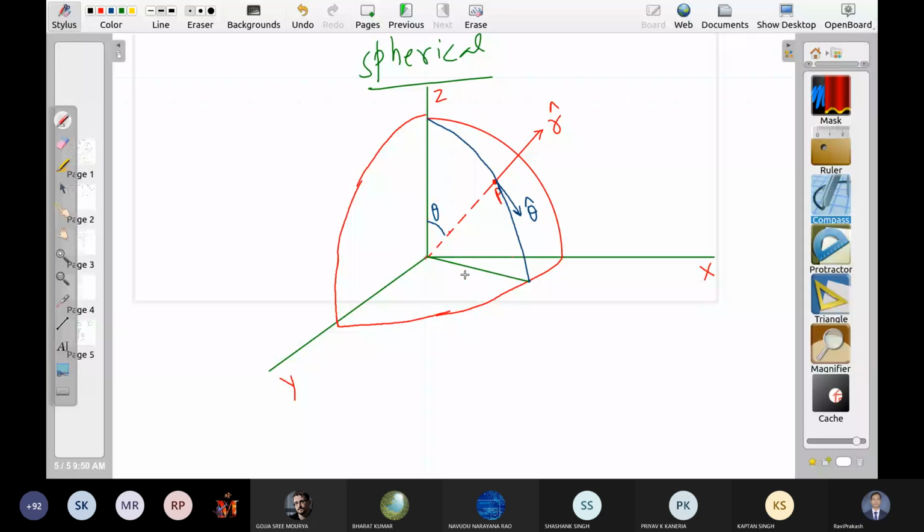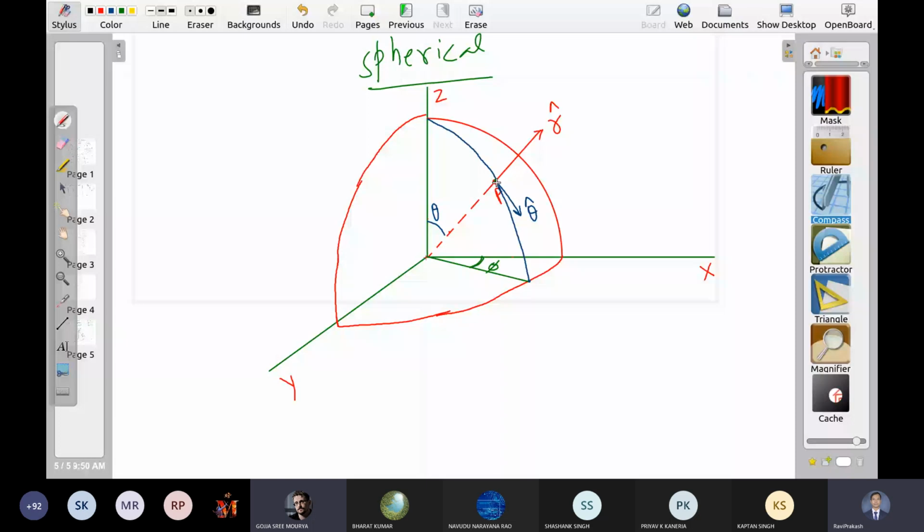Go in a direction such that theta must not change and r cap must not change, only phi cap should change. Which direction should I go from this point P? Neither theta should change, nor r should change, but phi can change.